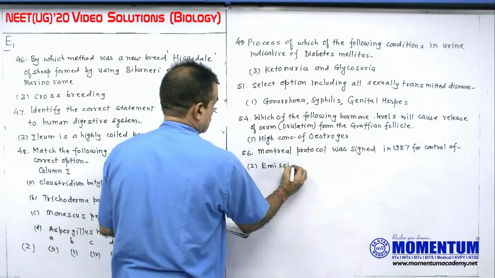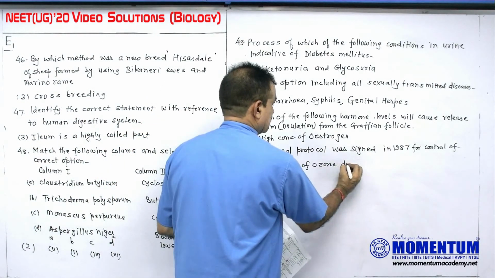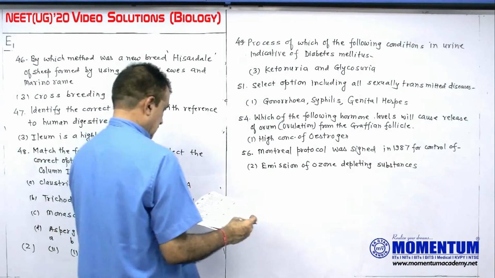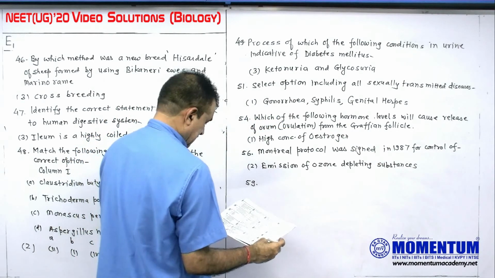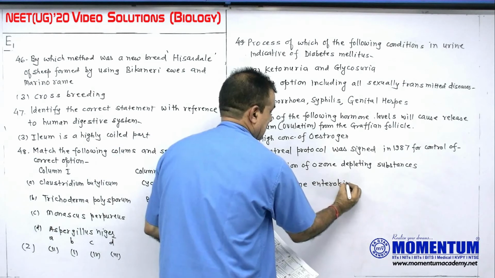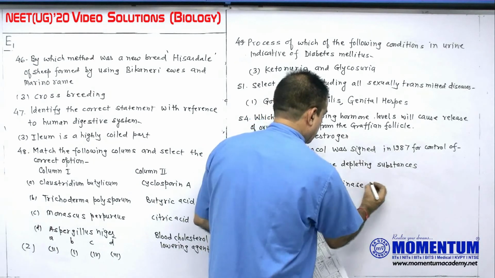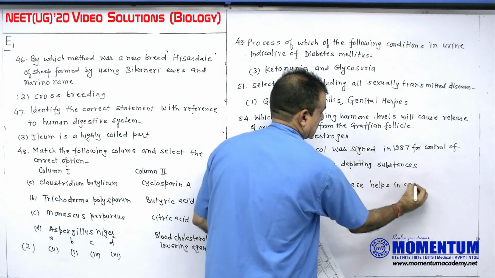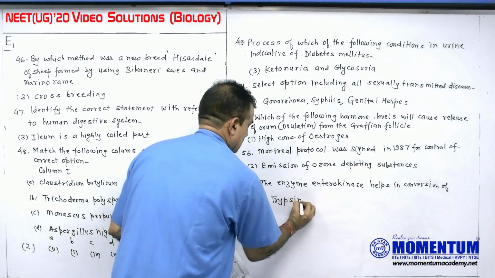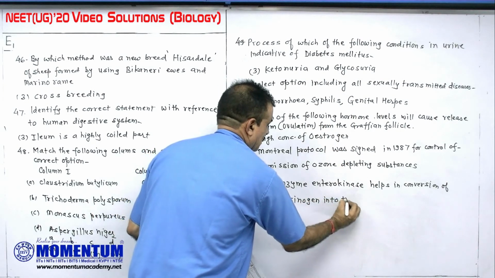Correct option is emission of ozone depleting substances. Then 59: the enzyme enterokinase helps in conversion of trypsinogen into trypsin.